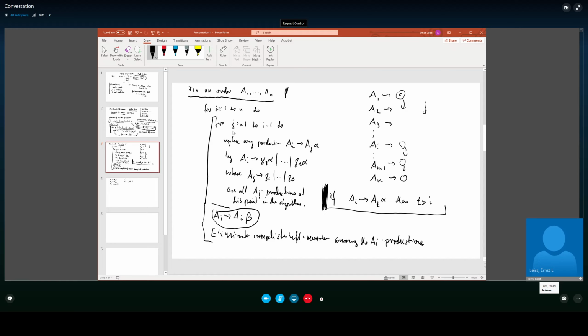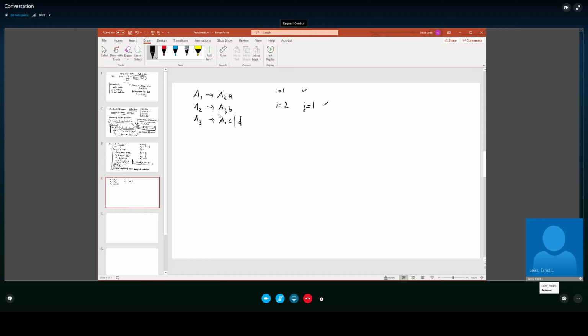There is only one case, j equal to 1. And then we look for the immediate left recursion. Well, there is no immediate left recursion either. A2 goes to A3. It doesn't go to A2, and therefore there's no immediate left recursion to be eliminated either.